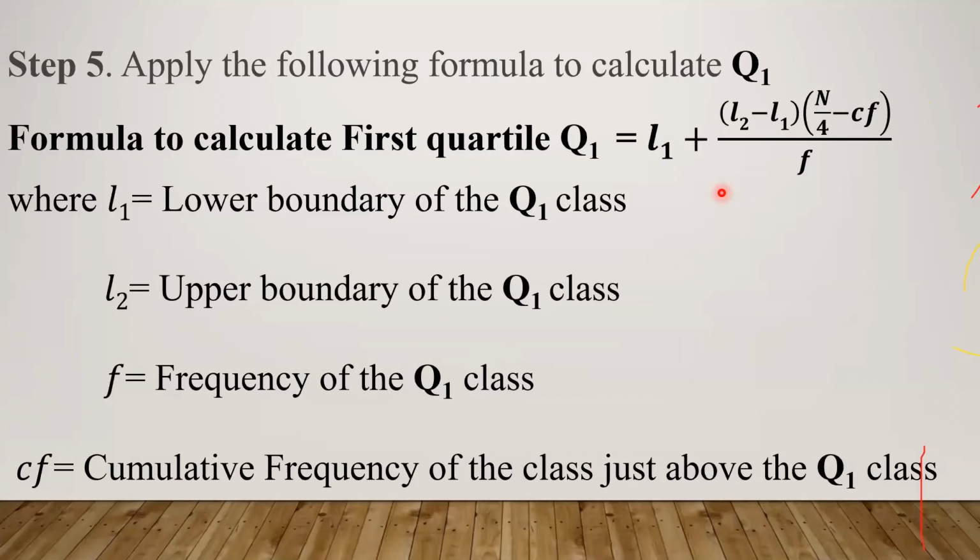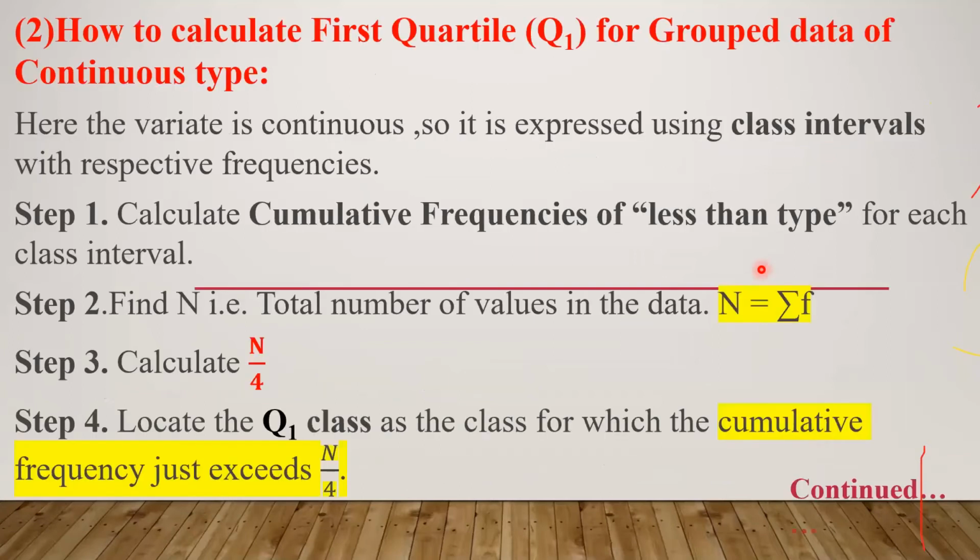Median we have already completed. You can compare the two formulae and you will notice that this formula is very similar to the formula to calculate median. What is the difference you notice here? In median we used to write n by 2. And for Q1, we are writing n by 4 because we are finding n by 4. That is the reason. Okay.